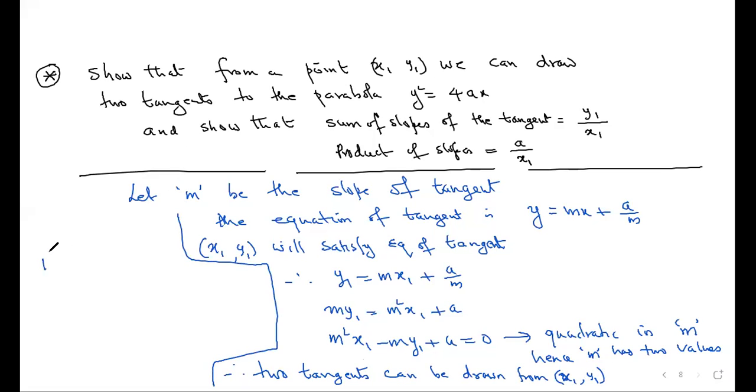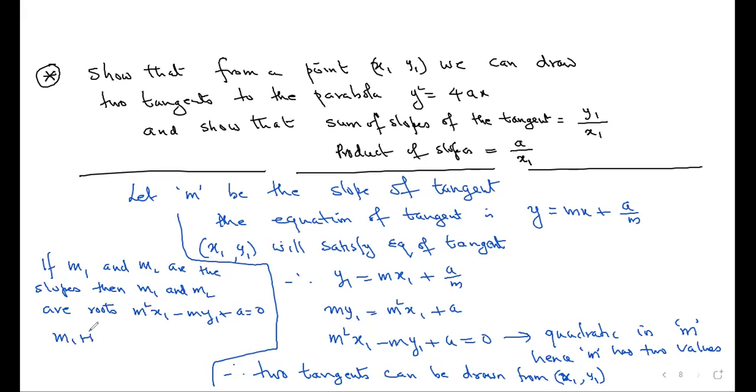Then, if m1 and m2 are the slopes, then m1 and m2 are the roots of the quadratic equation m square x1 minus m y1 plus a equal to 0.